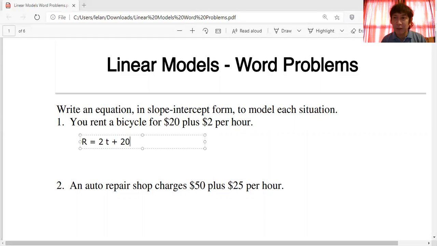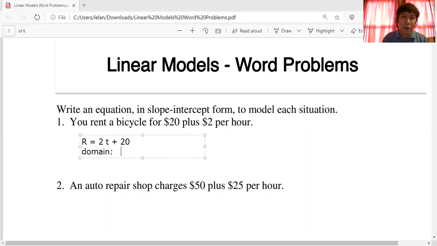How about the domain? For the domain here, we will not consider negative time. Time will always be starting with 0, going up to a positive time.